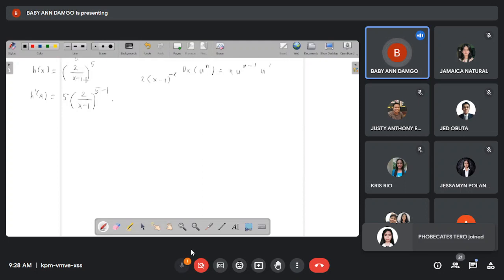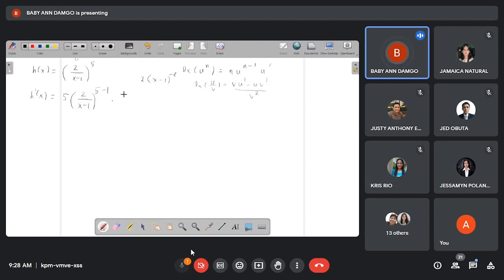So sige, diri kay gamiton nato ang quotient rule. This is a quotient rule. U over V. So this is V U prime minus U V prime over V squared.